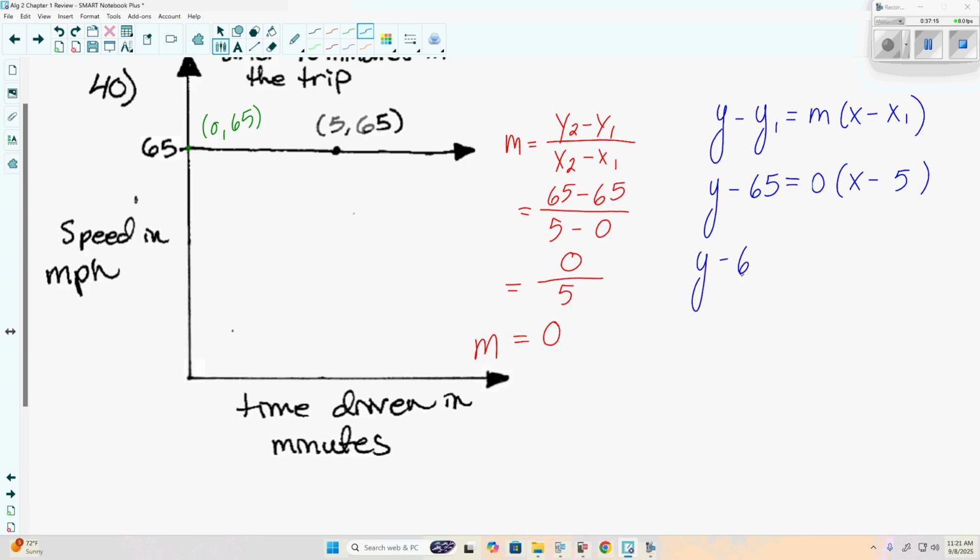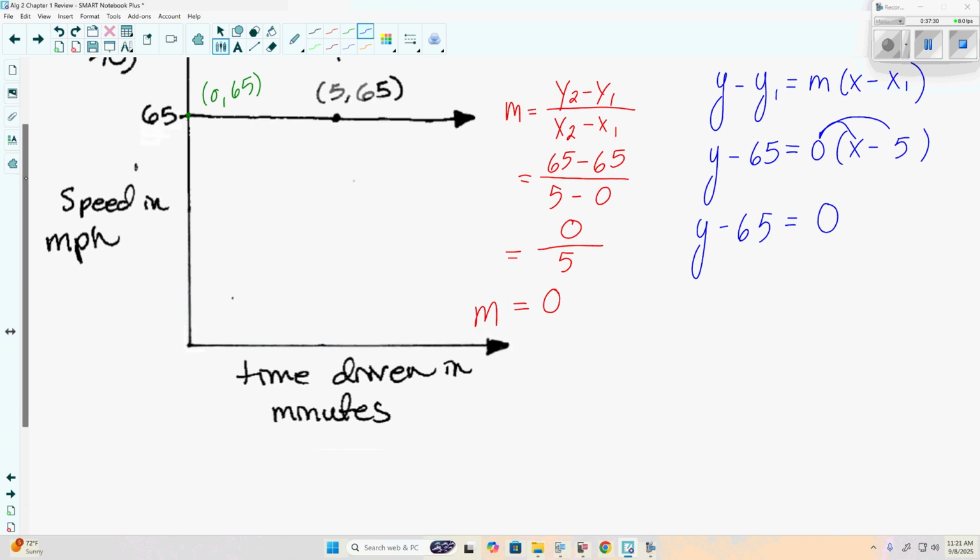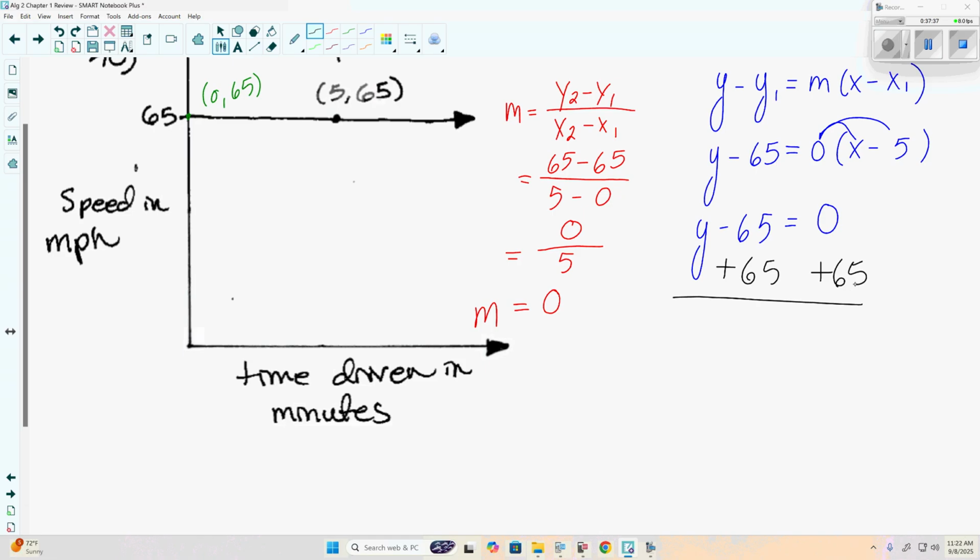Left side, we'll still have y minus 65 is equal to 0 times x minus 5. x minus 5 times 0 is 0, so the entire right side of the equation is 0. Now, even though the entire right side became 0, we can still get y by itself. We would add 65 to both sides, telling us y is equal to 65. And that's our equation. It is a flat line at y equals 65.